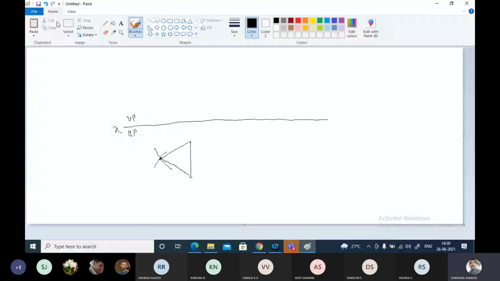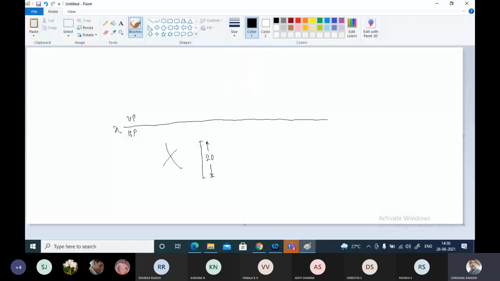You understood? Once again, it is 20 mm sides. It is resting on one of its corners, not on the edges. Take 20 mm height. Now take this 20 mm, draw the arc here, and take 20 mm, draw the arc here. We'll get the point here.